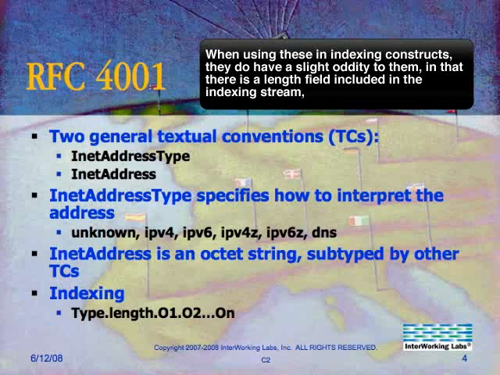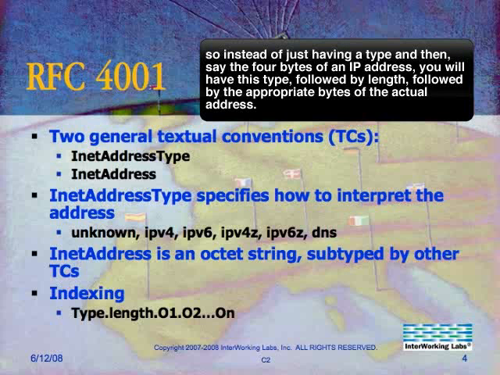When using these in indexing constructs, they do have a slight oddity to them, that there's a length field included in the indexing stream. So instead of just having a type and then, say, the 4 bytes of an IPv4 address, you'll have this type followed by length followed by the appropriate bytes of the actual address.